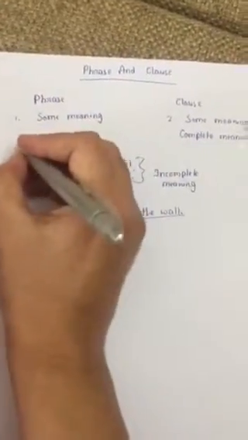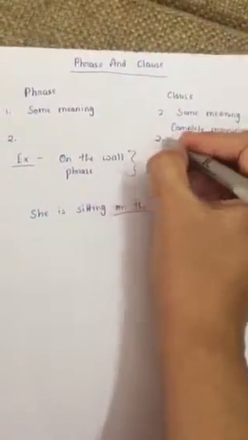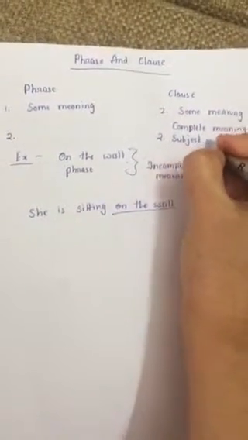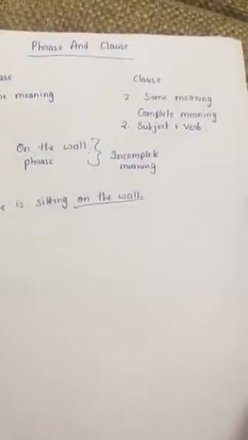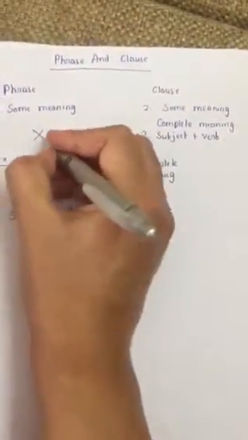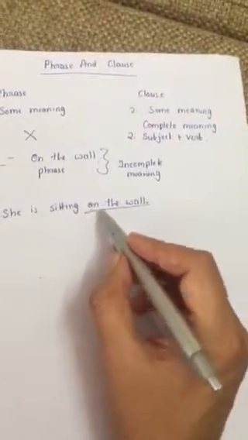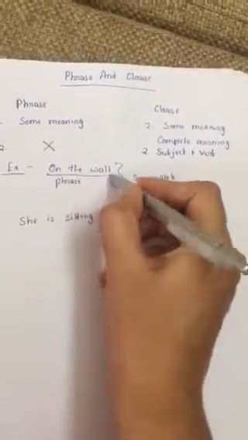And the second, which is the most important difference, is that in a clause you will always find a subject and a verb. This combo of subject and verb is found in a clause only. In a phrase you will not find any subject or any verb. In "on the wall" you can see there is no subject and no verb.